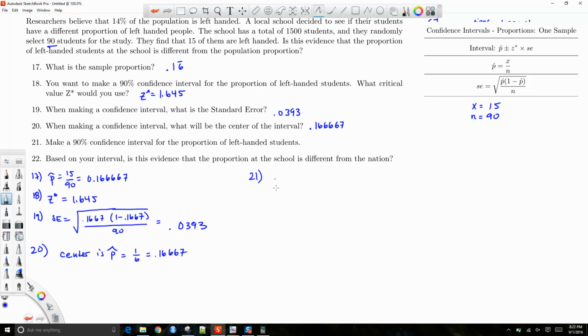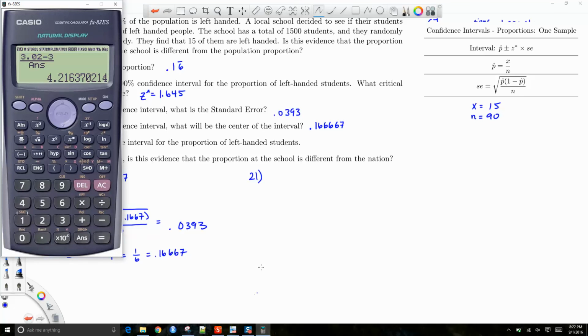So we'll go ahead and do that. Let me just do the fraction 1/6 plus 1.645 times 0.0393.